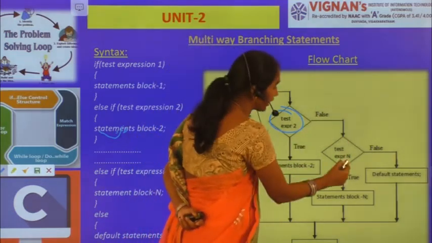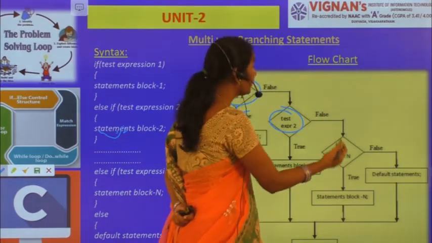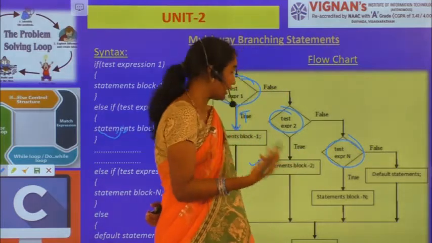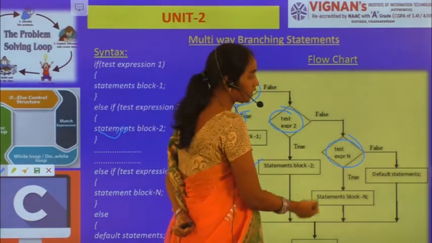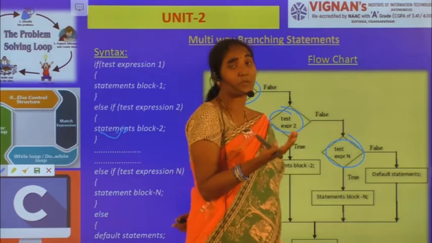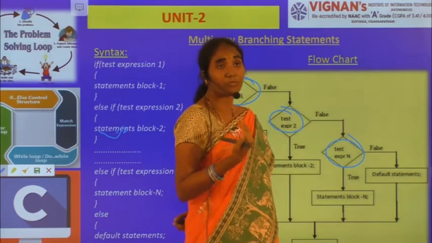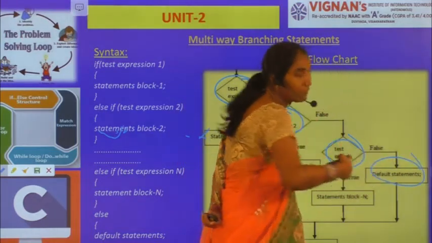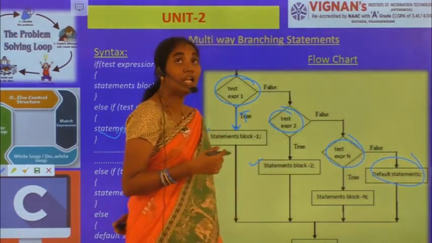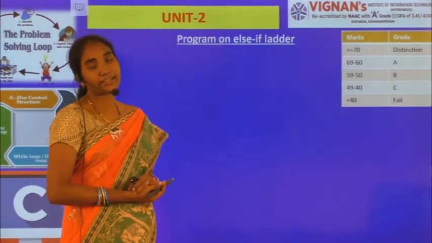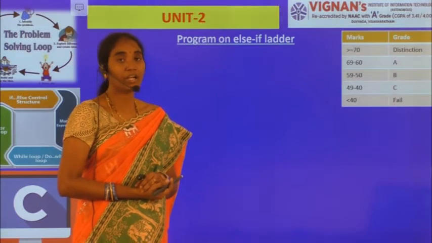If this is false, again I'm checking one more condition. Likewise, I'm checking n conditions, and each block I'm going to execute. If even in the nth expression I'm getting false, then the default statements will be executed, whatever I have written in the last else block, right? Now let's have the program on else if ladder.